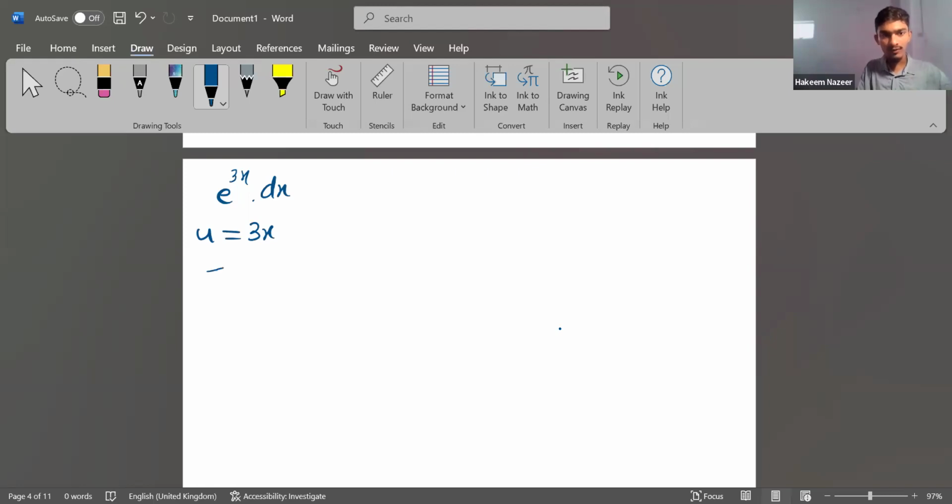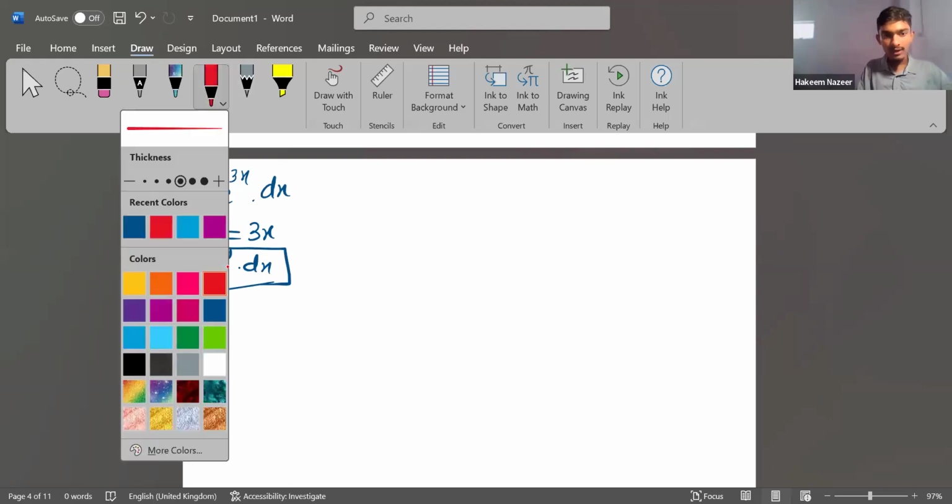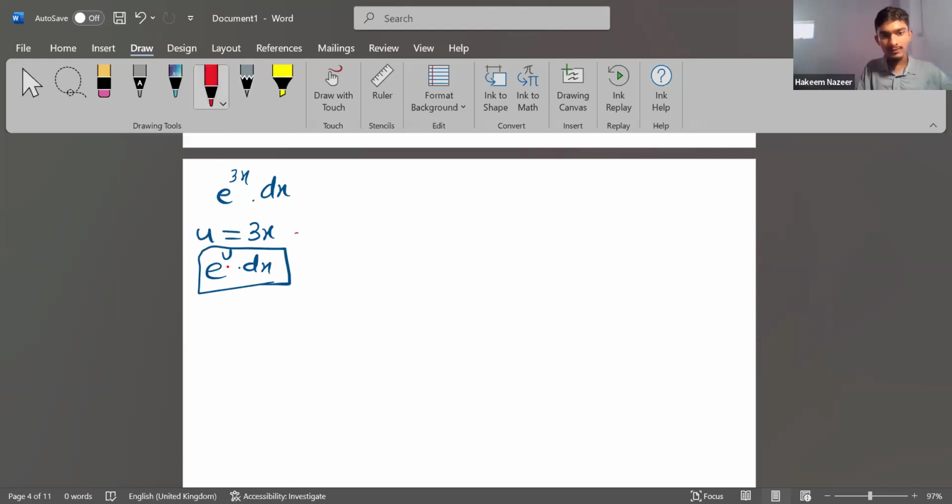How can we write e to the power u into dx? This is our new function. What's the derivative du with respect to x? It's 3. Done. Then making dx the subject, dx equals 1 by 3 du.